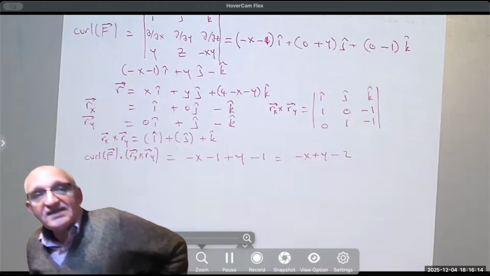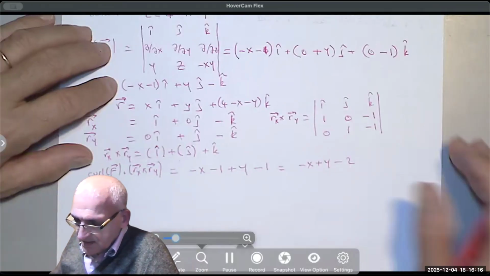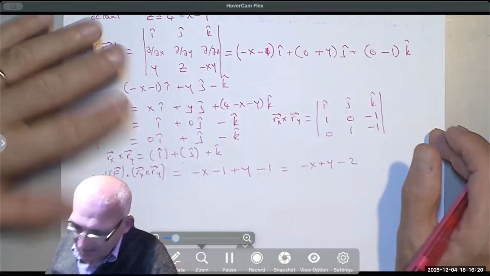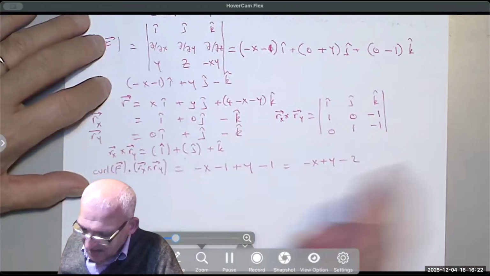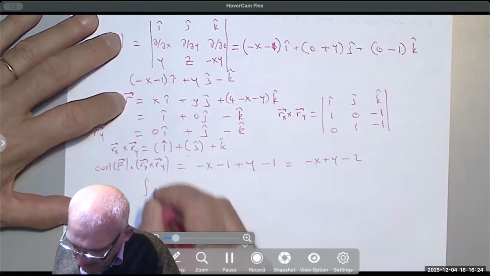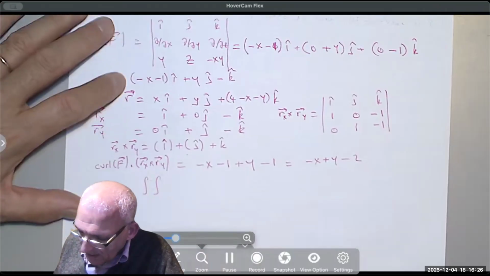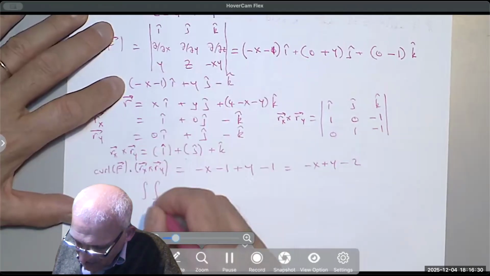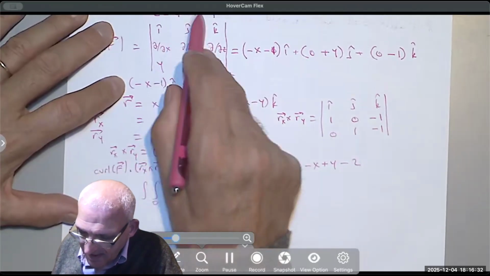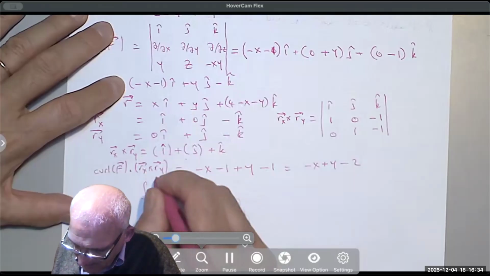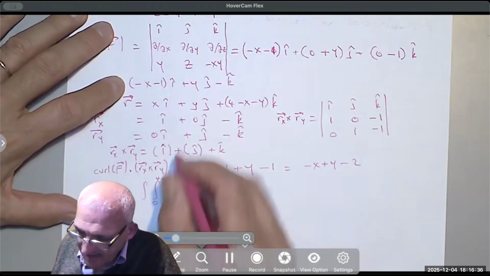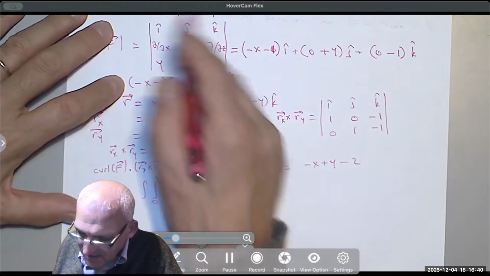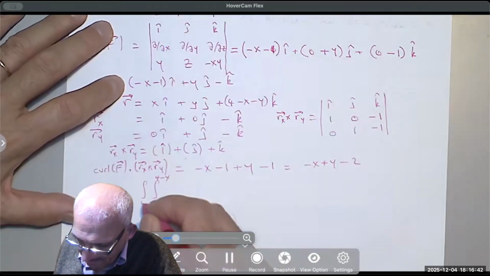So now you have to take the integral. Notice at the bottom, when z is 0, I will get the double integral over x and y. y goes from 0 to 4 minus x, and x goes from 0 to 4.